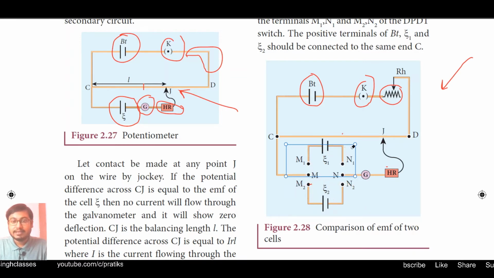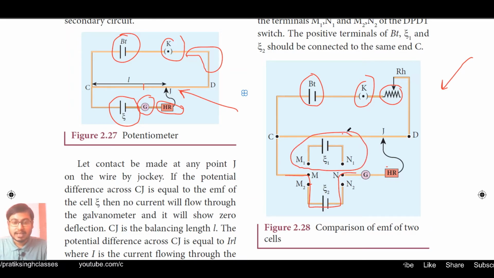Like this. In the second situation the current will flow like this. This will be the circuit. In this situation there will not be any use of this Xi1 in the circuit.